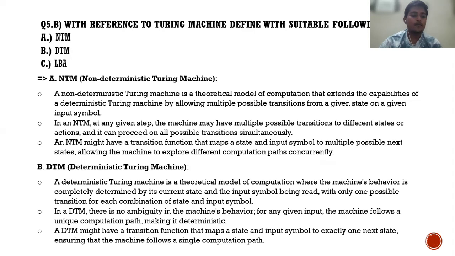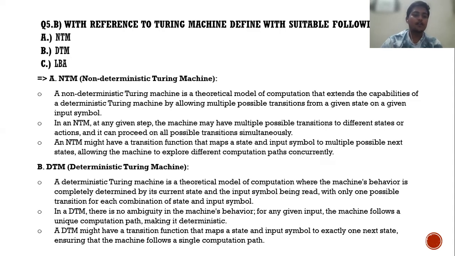For DTM, which is deterministic Turing machine, a deterministic Turing machine is also a theoretical model of computation where the machine's behavior is completely determined by its current state and the input symbol being read, with only one possible transition for each combination of state and input symbol.